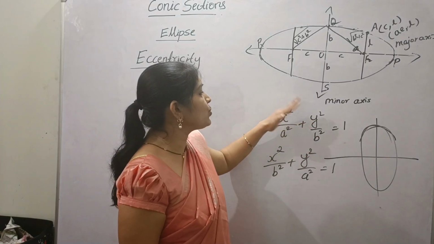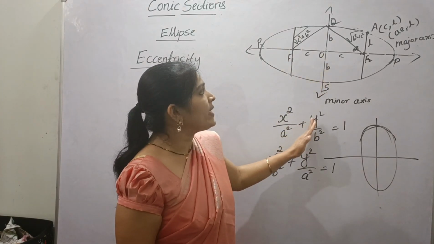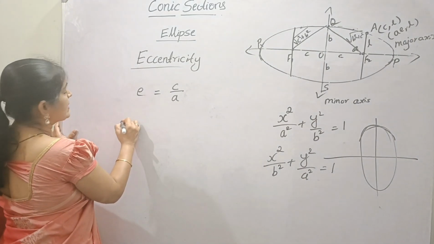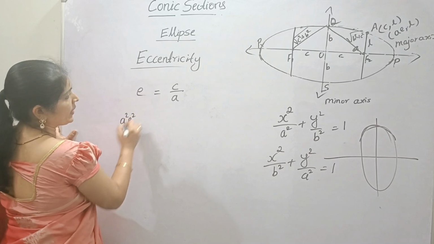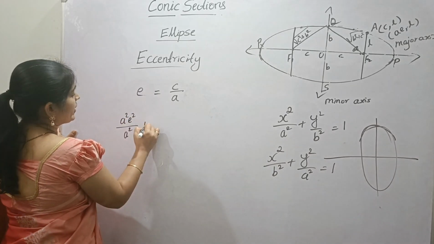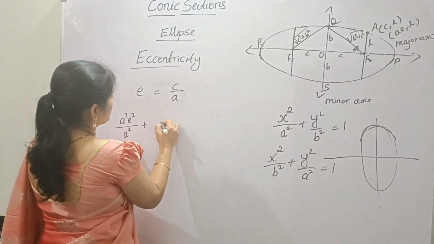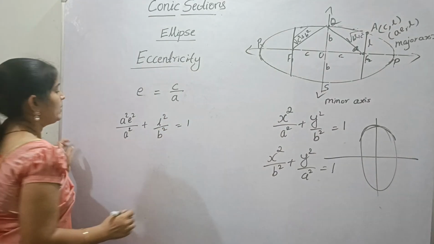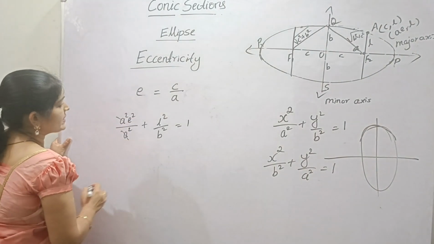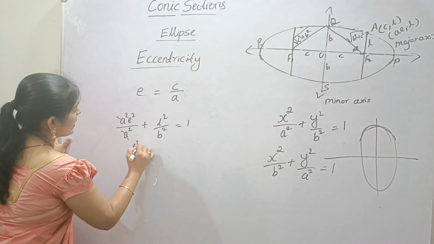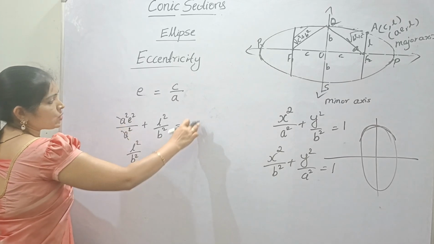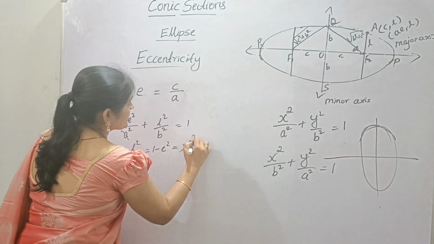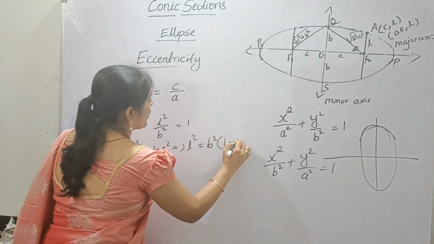So substitute x equal to AE and y equal to L. That is, A square E square divided by A square plus L square divided by B square is equal to 1. Here A square cancels. So L square by B square, taking E square to the right side, is 1 minus E square. This implies L square is equal to B square into 1 minus E square.